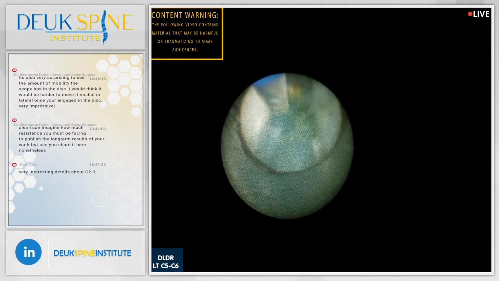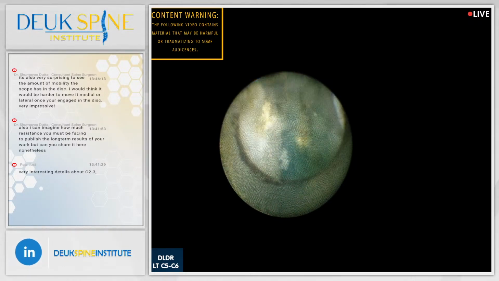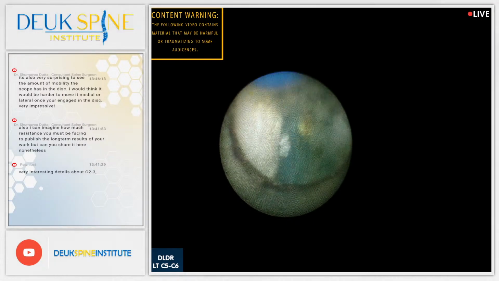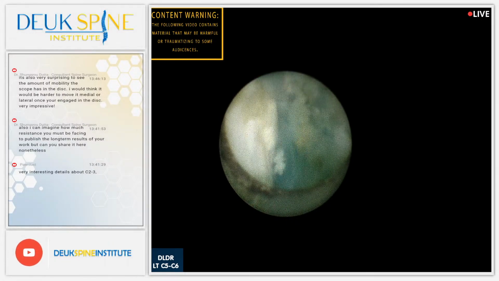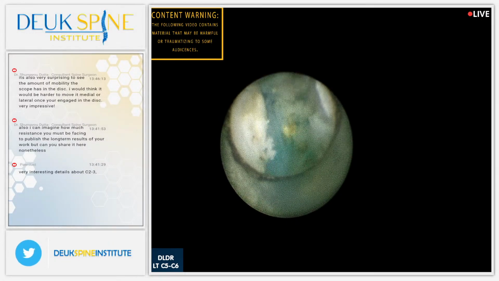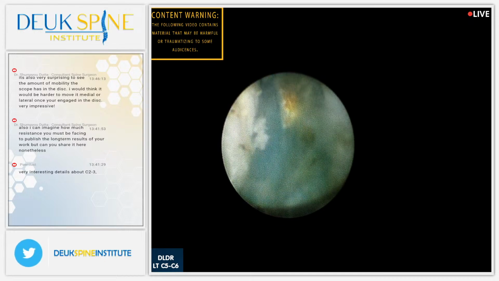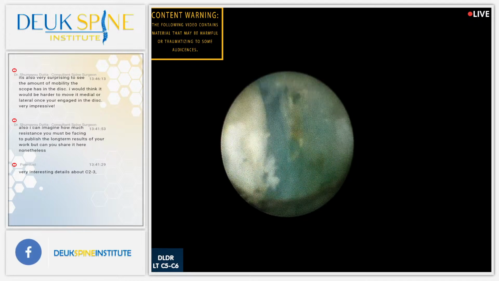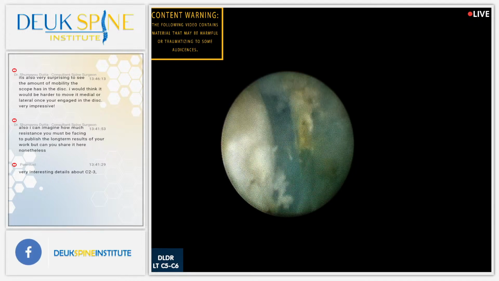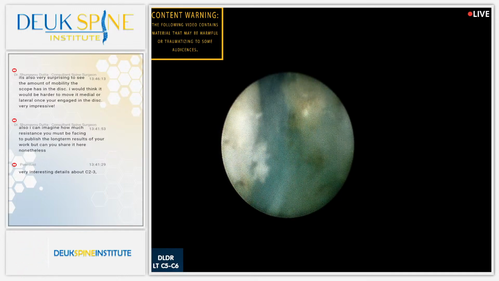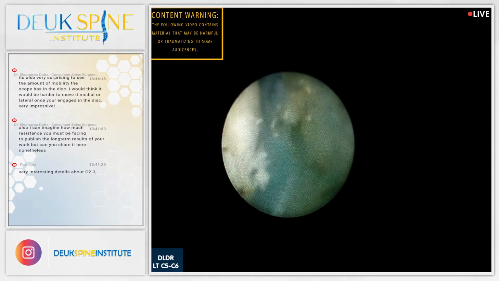I hope I did. This is the uncinate process base. You can see it. This would be C6. There's a little bit of osteophytic ridging back here, but the nerve root is right in there underneath this material. So you have to be very careful. There's a little bit of herniation left. There's not going to be much mass effect, but you can see right there is the foramen just underneath this soft tissue.